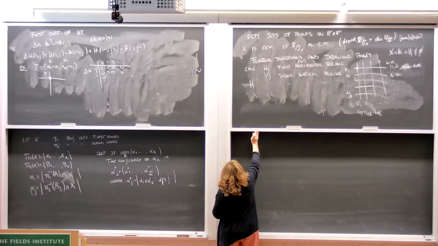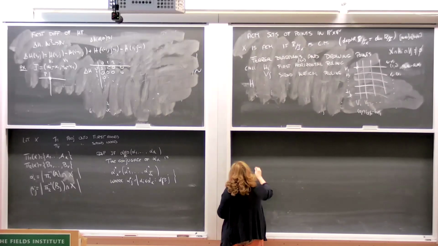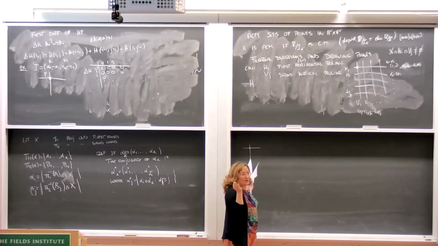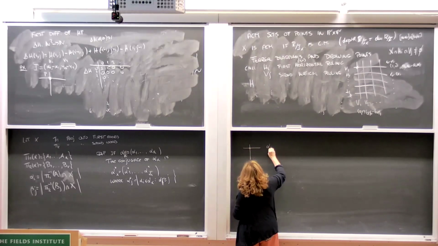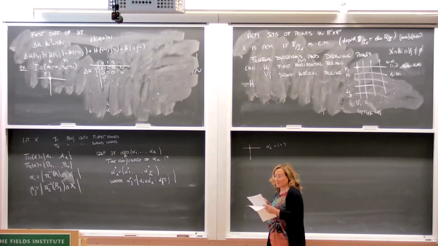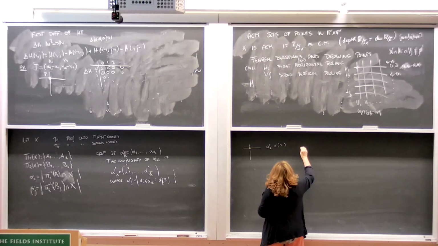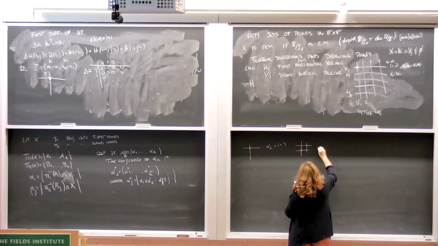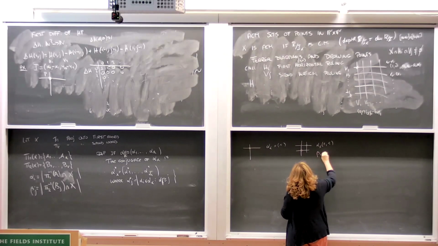So, for example, for the easiest case, we have just 1 point. So alpha of X is just 1, and beta is 1. And if we have two non-collinear points, then alpha is 1, 1, and also beta of X is 1, 1.